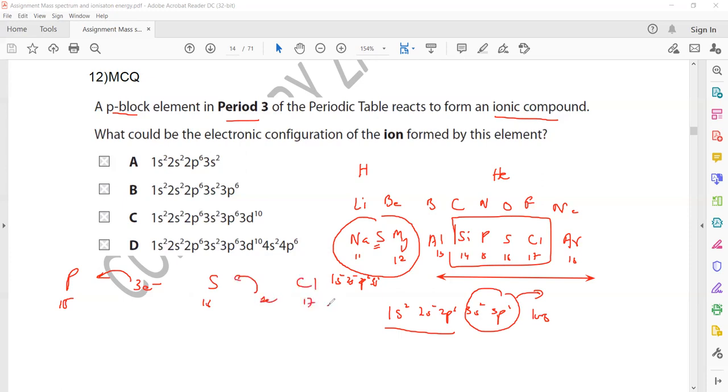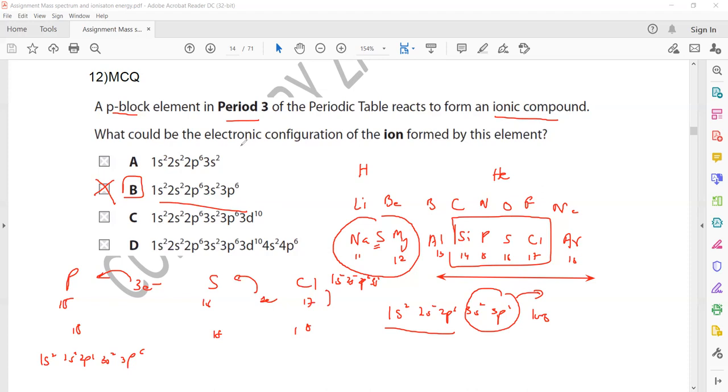Chlorine, which is 17, will take 1 electron. So the total number of electrons will be 18. And what is the configuration for 18 electrons? For all of them, 1s2, 2s2, 2p6, 3s2, and 3p6. That's why B is the right answer.